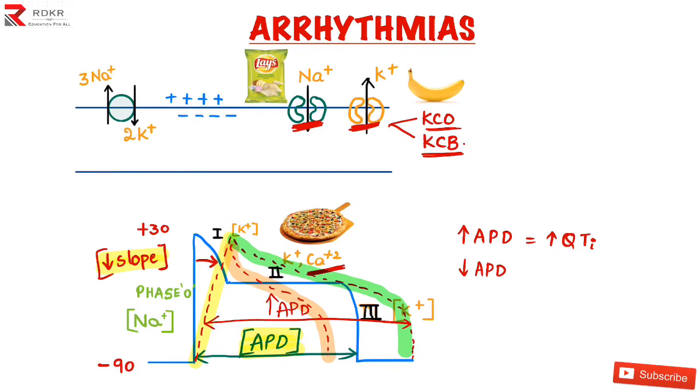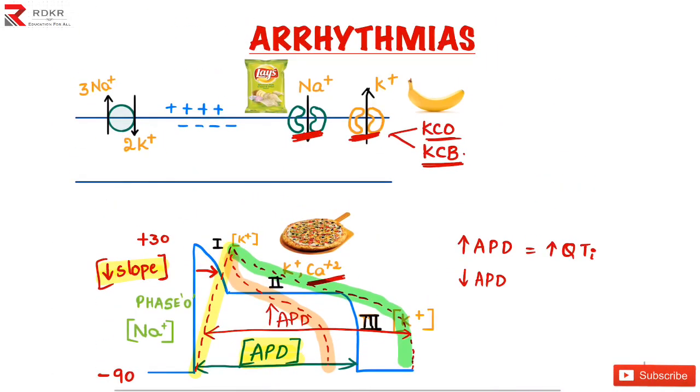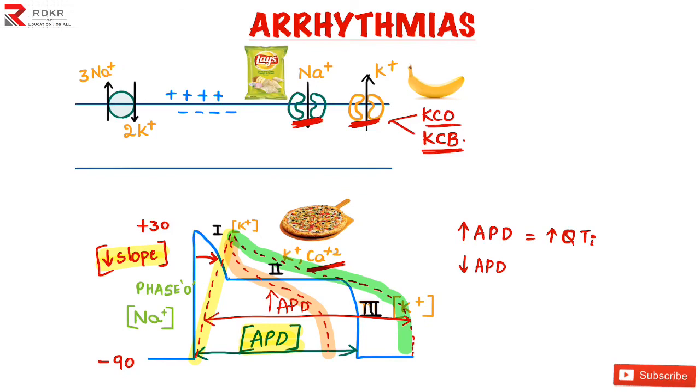So what we have left is to discuss each of these classes, class 1, 2, 3, 4, 5, and their drugs which are included here. So I think now that you have understood the classification, and also you have understood how we are going to block each phase in the action potential. So this phase 0 is due to the sodium channel influx, and this is the depolarization. And later we have the repolarization phase, but it is not in one single waveform.